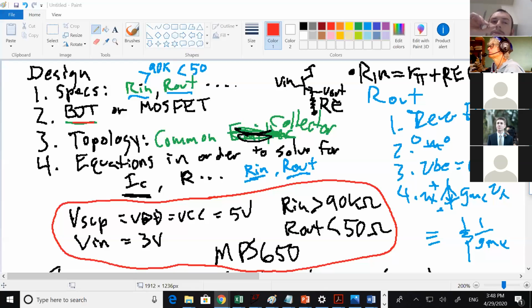What V out should be? Yes. And if you know VN for a common collector, how do you figure out what V out would be? Do you just do VN minus VBE? Yes. And where do you find VBE on? In the model file. Exactly. This one, it's about 0.7. 0.7? Okay. Sorry.